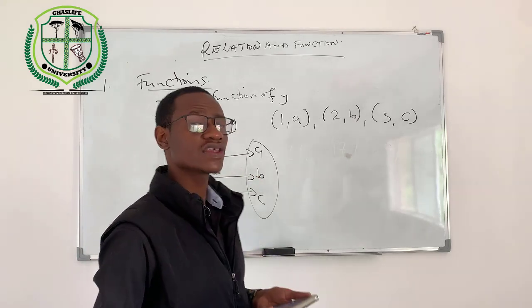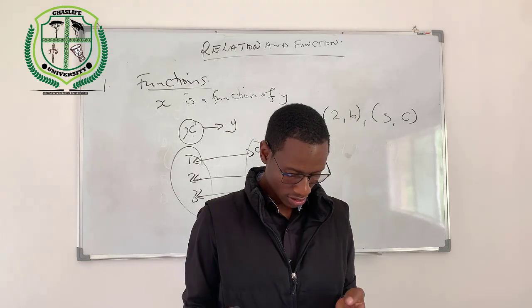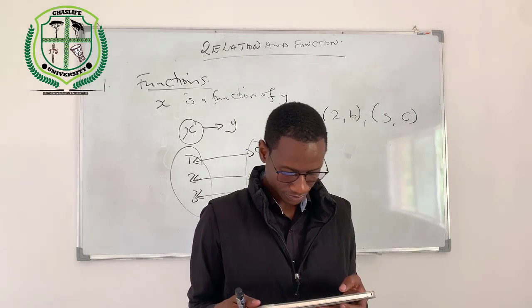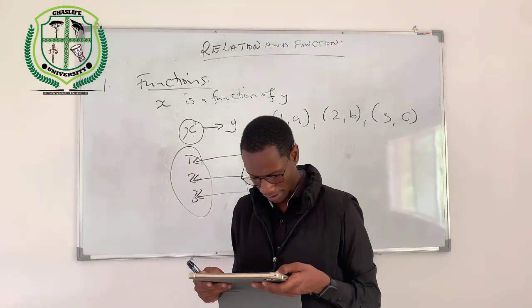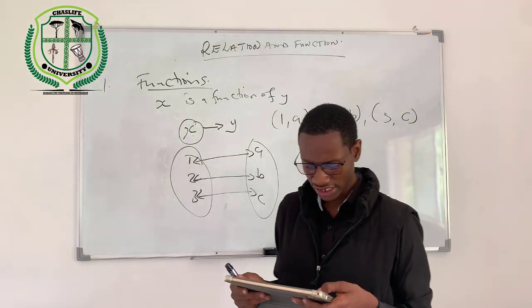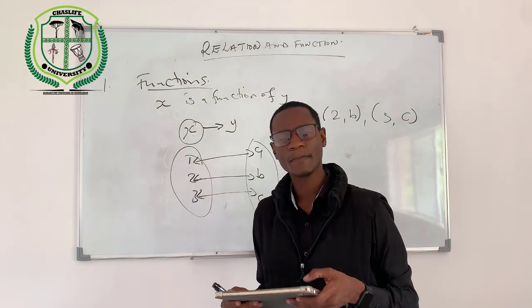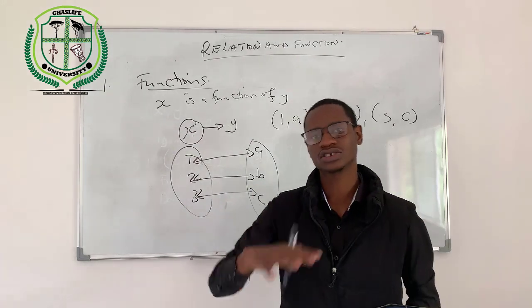Of course, there are also other types of relation, like one-to-many relation, and whatnot, okay? So basically, that's what we are talking about. Each relation is defined by a certain type of relation. That's what we say when we talk about relation.